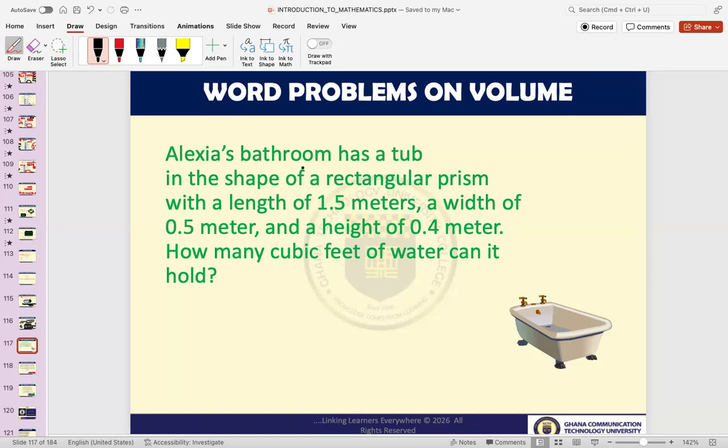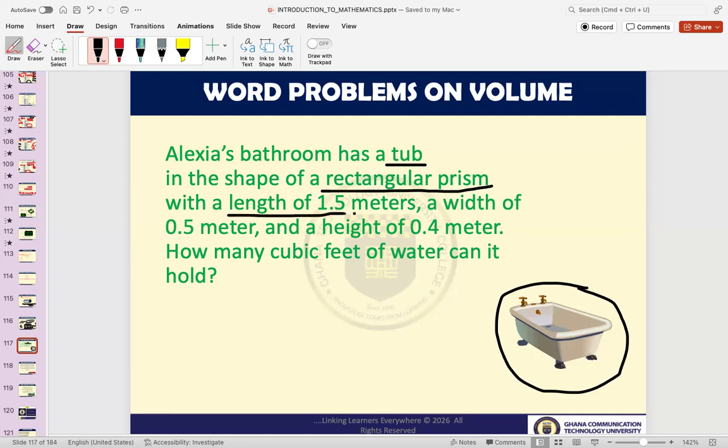Alexia's bathroom has a bath in the shape of a rectangular prism. And I'm sure most of you have seen these before. With a length of 1.5 meters, a width of 0.5 meters, and a height of 0.4 meters.